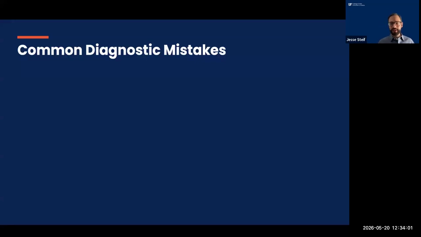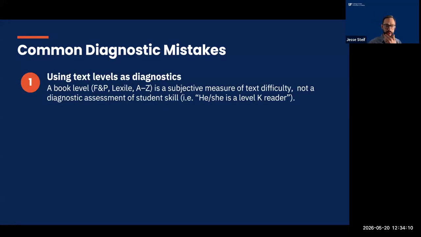So some diagnostic mistakes that we see happening often, maybe a little less now as opposed to a couple of years ago. This first one is using text levels as diagnostic assessments. I'm trained in elementary education.